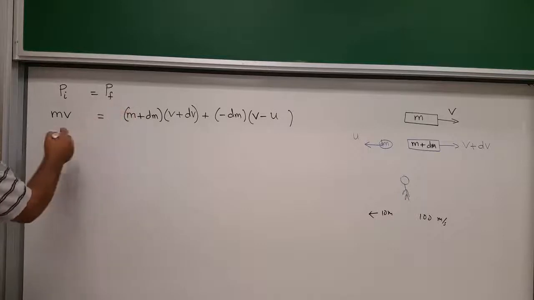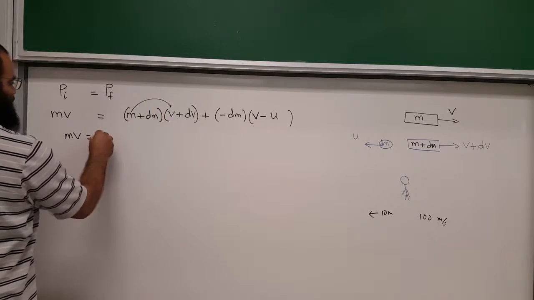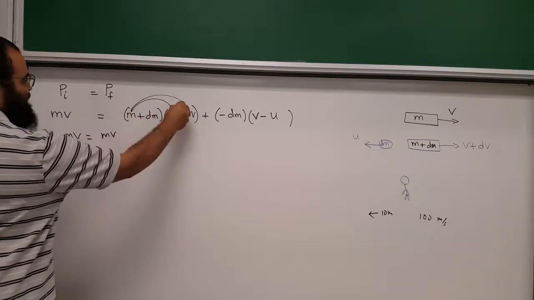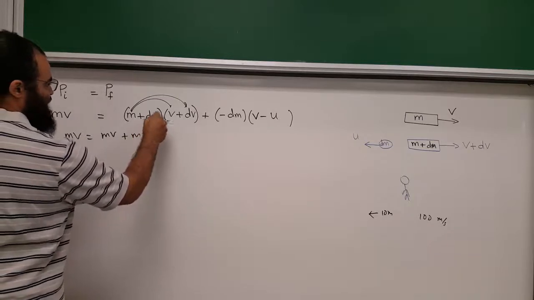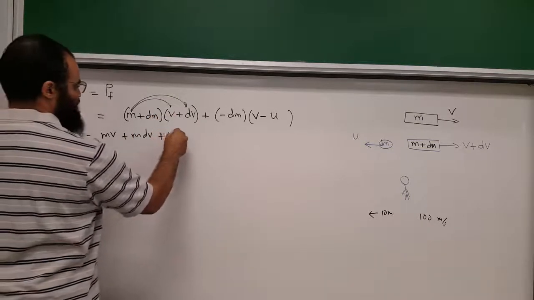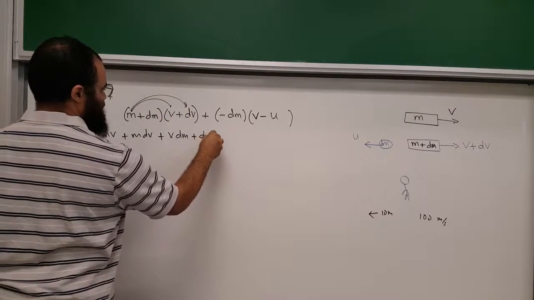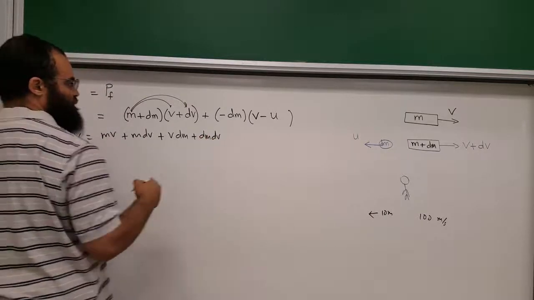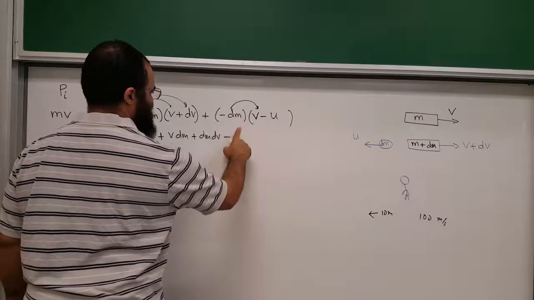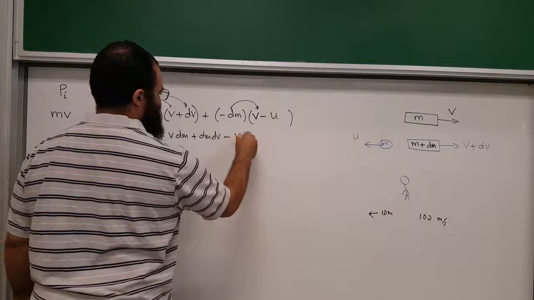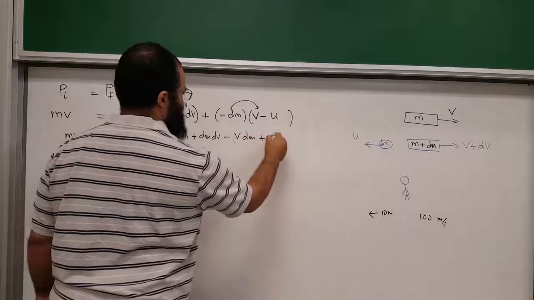And now we're going to open this. So we have mv, we're going to FOIL this. I have mv, and then m dv, and then plus dm times v, so that's v times dm, and then dm times dv, and then negative dm times v, or v times dm, and then minus times minus is plus, and then dm times u, or u times dm.